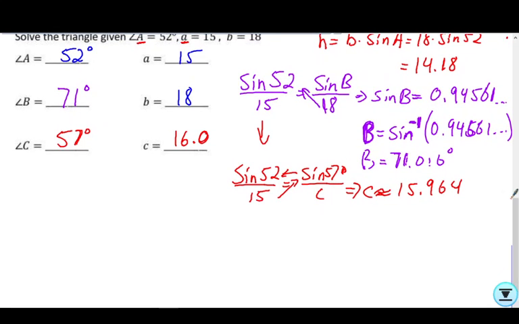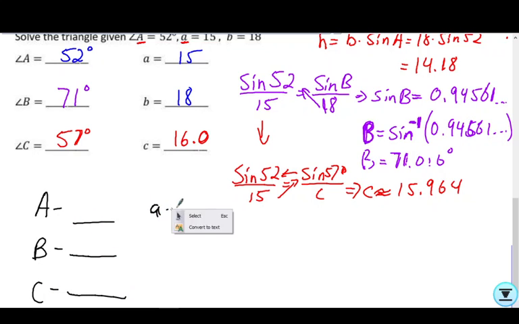Now, I have 2 solutions to find, so I'm going to set up my second solution. Again, sides A, B, C. I start off with the exact same information I started with the last time.